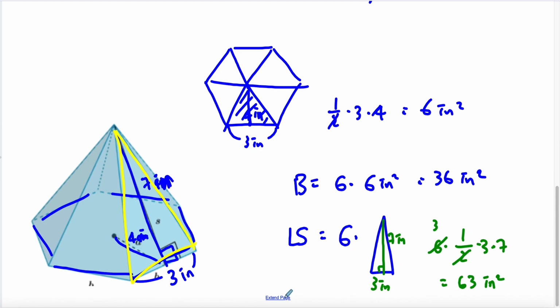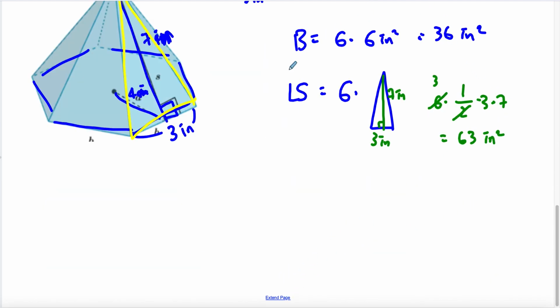The big difference between this and the prism is that you have only one base, right? So you can add them together. Base plus lateral surface is equal to the surface area.